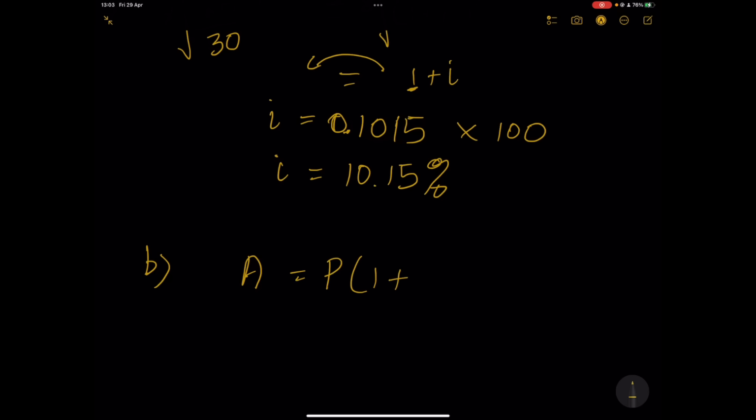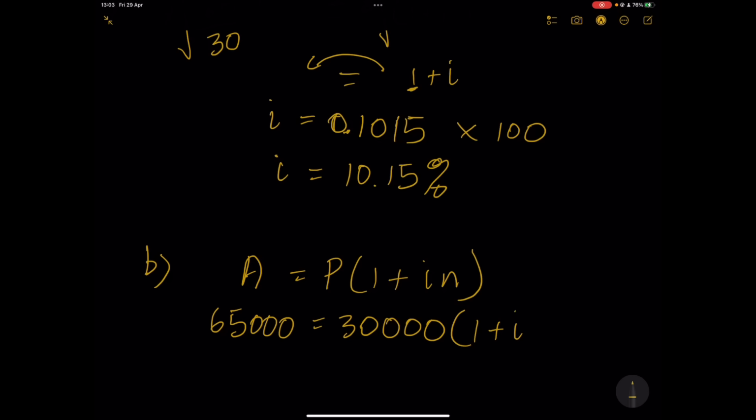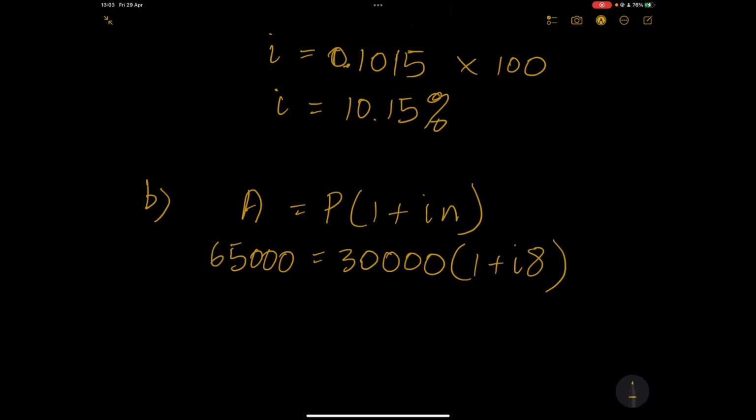So remember, that's 1 plus I times N in this case. So we've got 65,000. We've got 30,000 on this side. We've got 1 plus, we want the interest rate, but we know this is multiplied by 8 this time around.